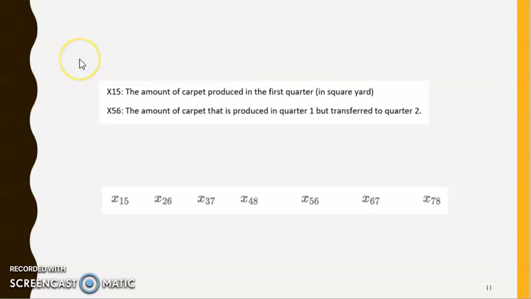Okay, so we have X15. As you can see, it says the amount of carpet produced in the first quarter, and the unit is a square yard. This X15 is here.